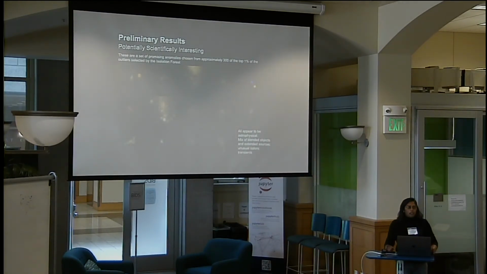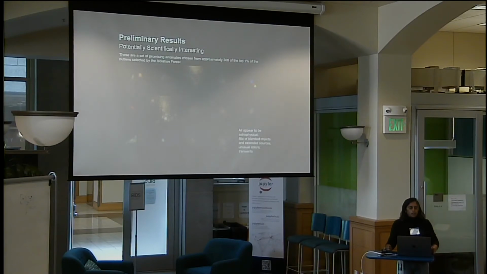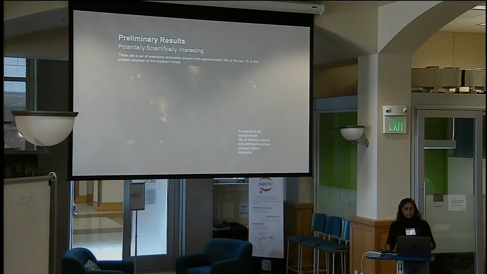So this is an ongoing project, and these are some examples of outliers that were found that we have confirmed do seem to be astronomical sources. They are interesting for a variety of reasons. There are some blended sources here. There are extended sources. There are sources with unusual colors.